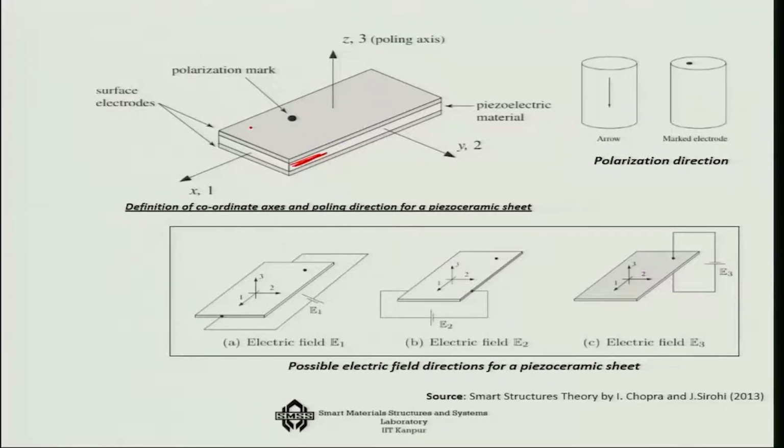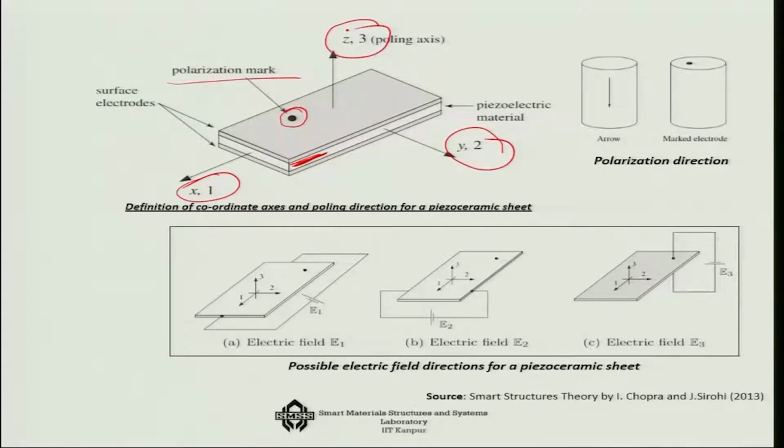Every time you purchase it in the market, you will see a black spot which gives the polarization mark. This is important and I will talk about it soon. Now, because it is a three-dimensional object, you can define the three axes very easily. So this is, suppose, the x-axis or 1, y-axis or 2, and z-axis or 3.